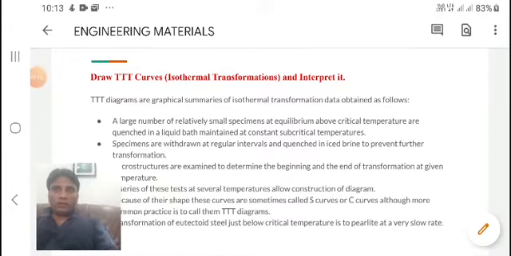A large number of relatively small specimens are required to construct the TTT curves. The more specimens, the more accurate results we get in understanding the transformation.